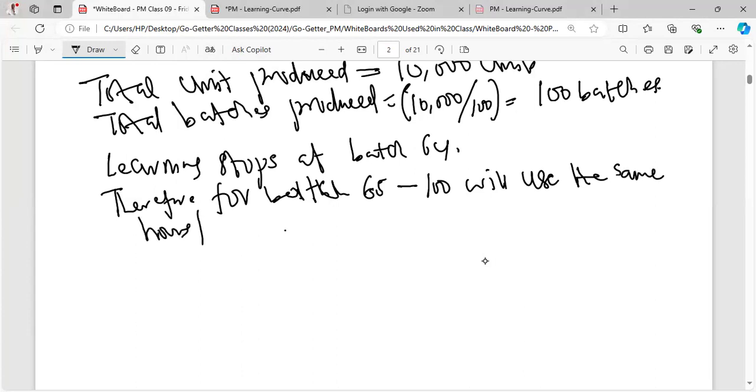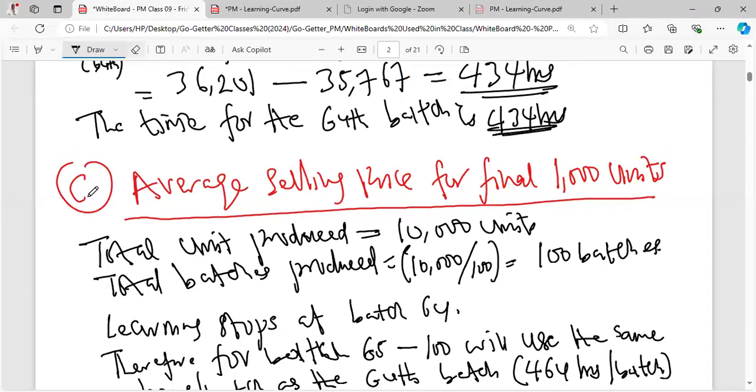Therefore, for batch 65 to batch 100, we use the same as per batch, which is 434 hours per batch.